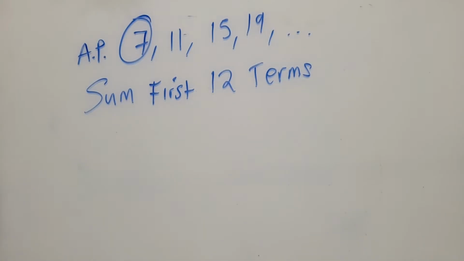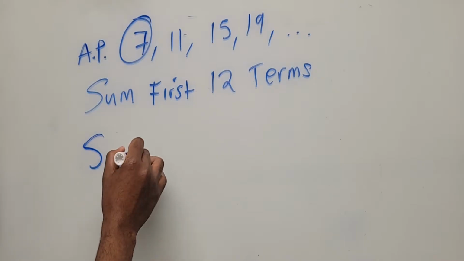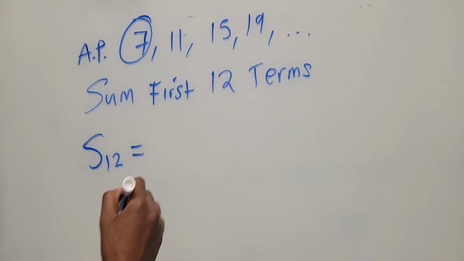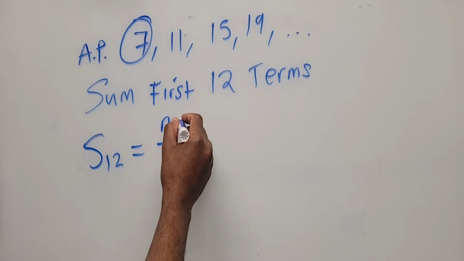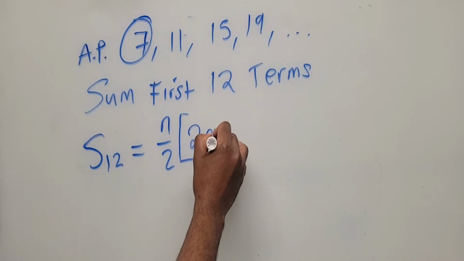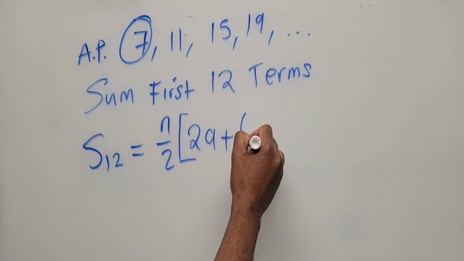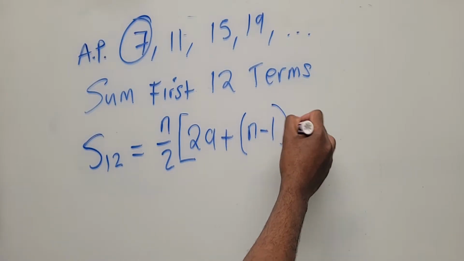So we're just going to use our formula. S12 is given by n over 2, then 2a plus n minus 1 multiplied by d.